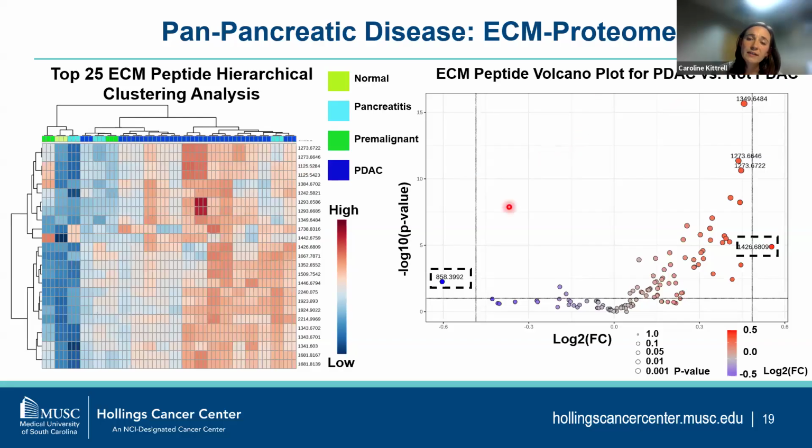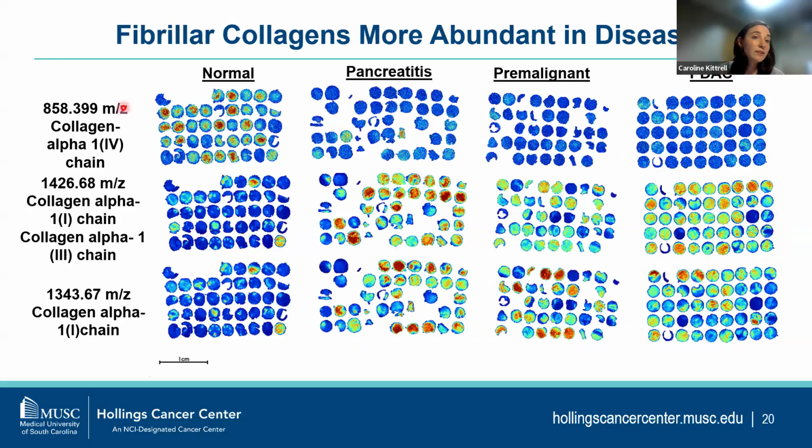Looking at our volcano plot, and specifically at ECM peptides that are upregulated in cancer versus non-cancer, we see this COL1A1 peptide 1426 pop out as being upregulated, and this COL4A1 peptide 858 is downregulated in our cancer. And when we look at the representative images, they tell a similar story: this COL4A1 peptide 858.399 is overexpressed in our normal and not so much throughout the rest of the disease states.